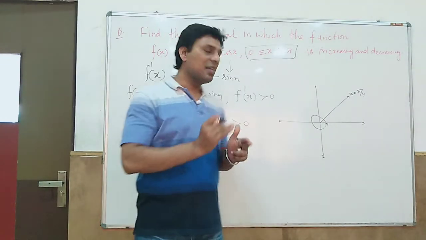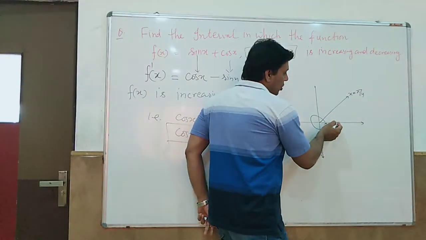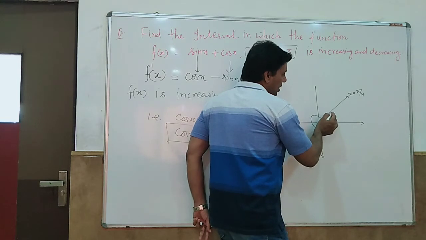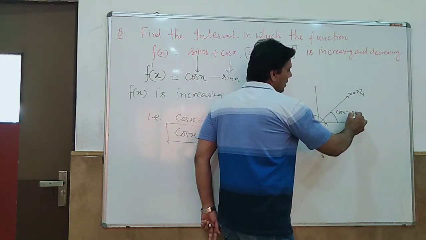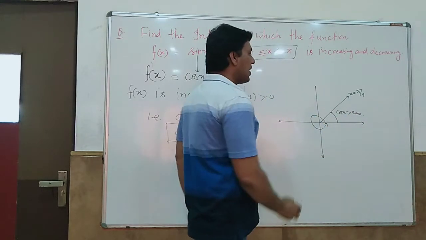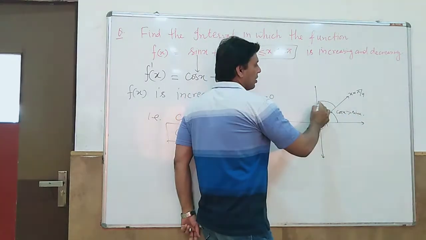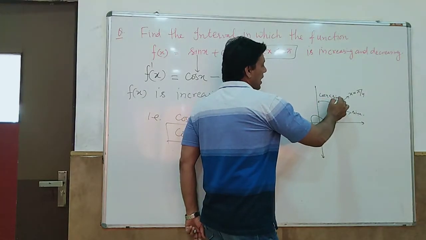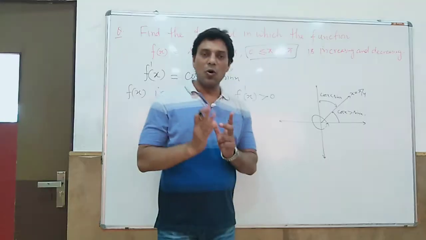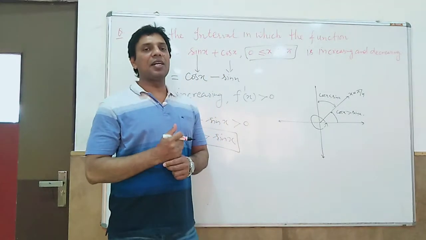It means in the region 0 to pi by 4, cos x is greater than sin x. And after pi by 4, cos x is less than sin x. So this much you know from the trigonometric table.